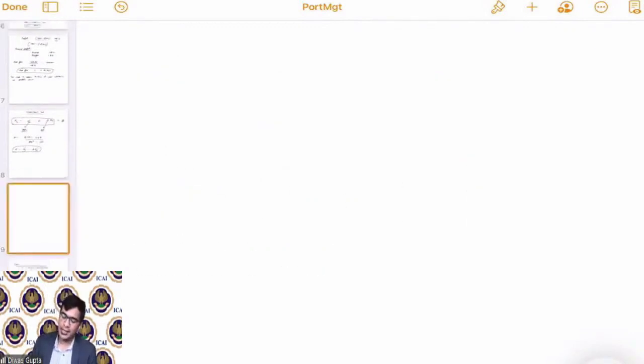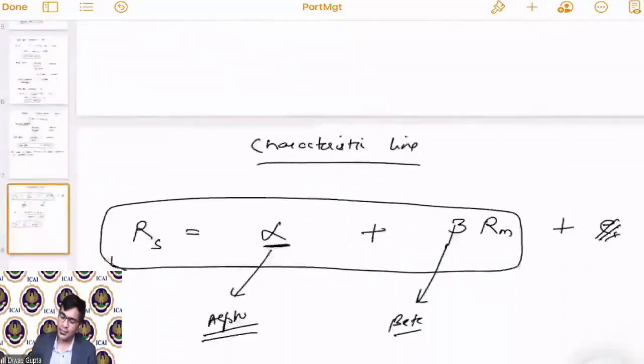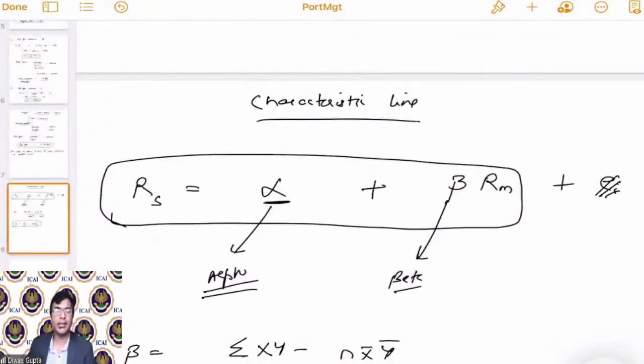Now, the characteristic line, just now we saw, is restricted to alpha plus beta RM. And alpha and beta have to be constant numbers, because, as you would have studied in the earlier part, one variable is an independent variable and one variable is a dependent variable.